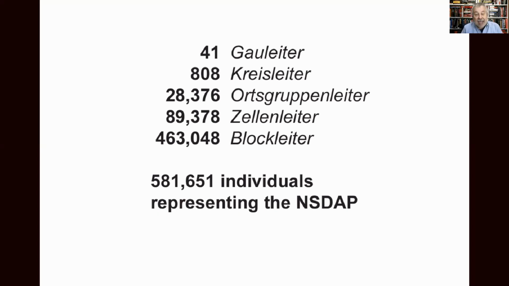You'll have 28,376 Ortsgruppenleiters, 89,378 Zellenleiters, and finally 463,000 Blockleiters. So essentially, you have 651,000 uniformed individuals representing the Nazi Party, starting from the Blockleiter.